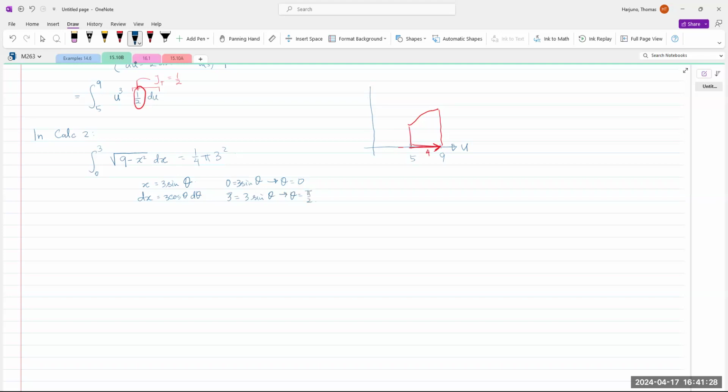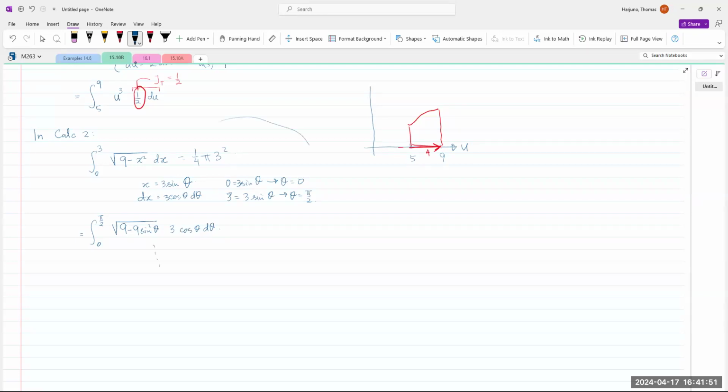So our limits of integration now become from 0 to pi over 2. And the square root of 9 minus 9 sine squared theta, and dx becomes 3 cosine theta d theta. From there you can just compute it.